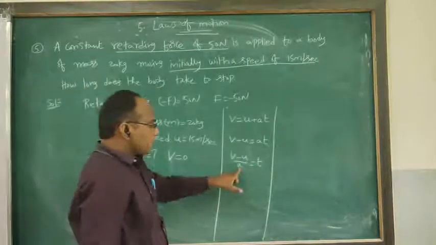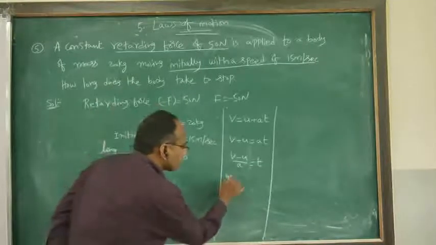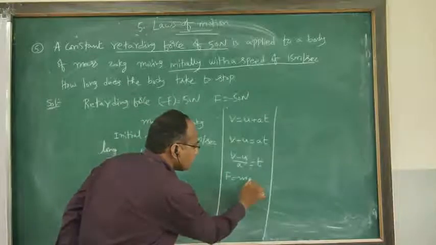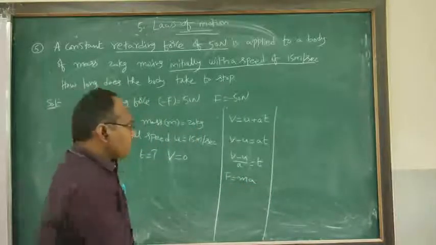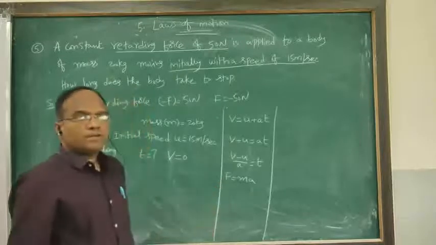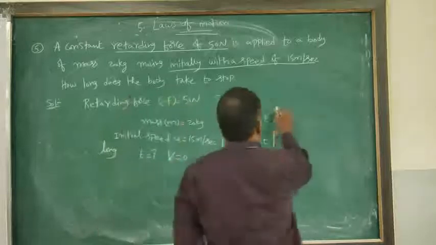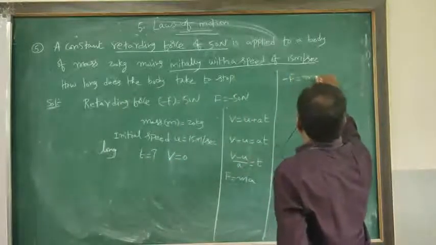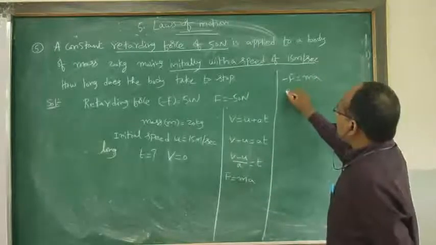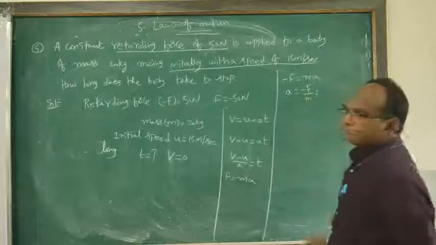So to get acceleration, what is the formula? F is equal to m into a. But here force is negative force, the meaning is retarding force. So what I should write here? Minus F is equal to m into a. So a is equal to minus F divided by m.